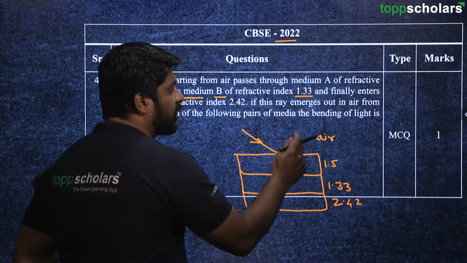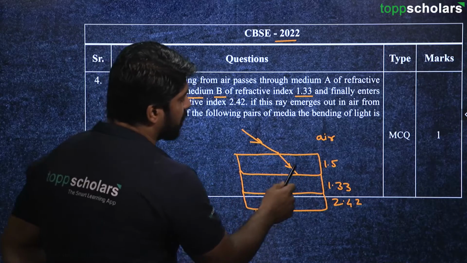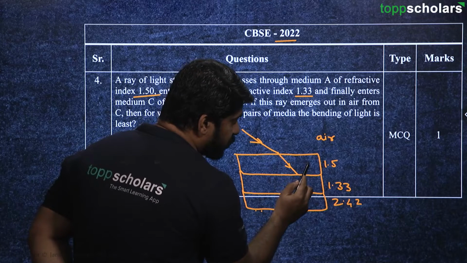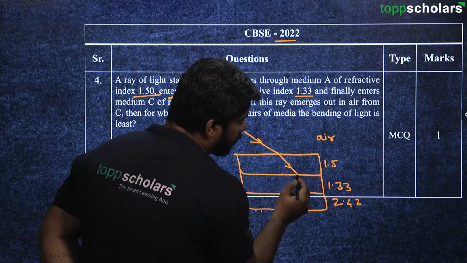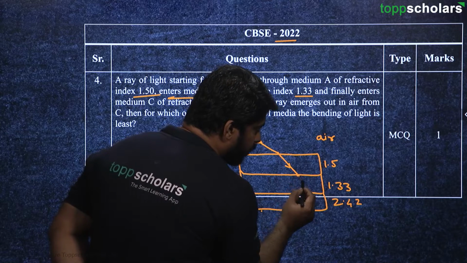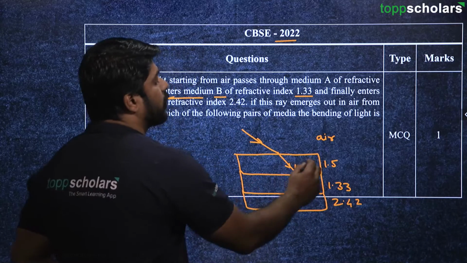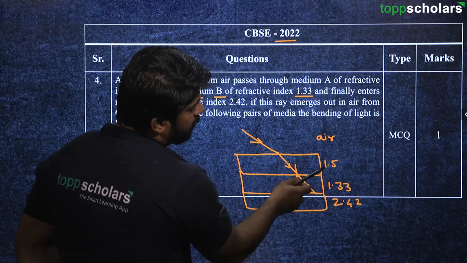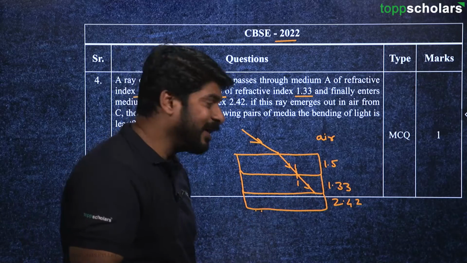Now here refraction is from rarer to denser. If you look at this, this is optically denser, this is optically rarer. So in this case, the ray will be going away a little bit from the normal, like this. Here we can see that the difference in refractive indices is quite less.